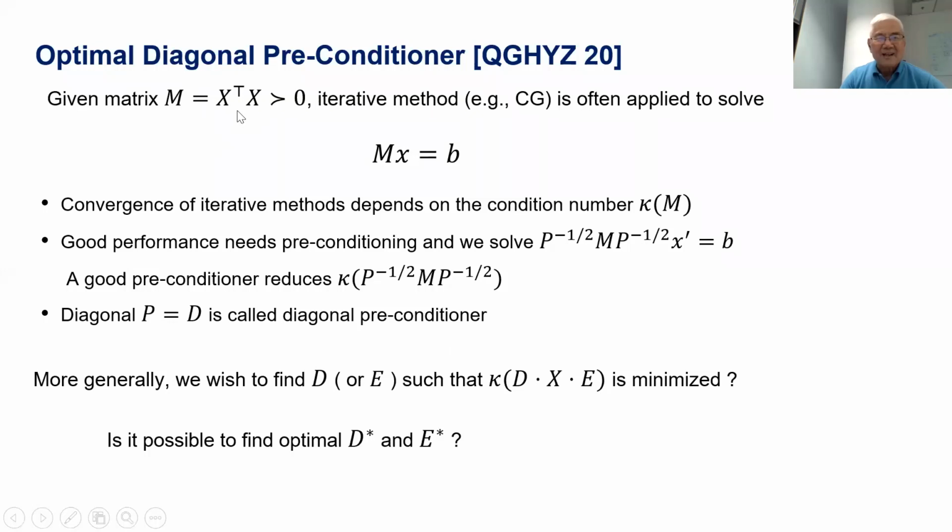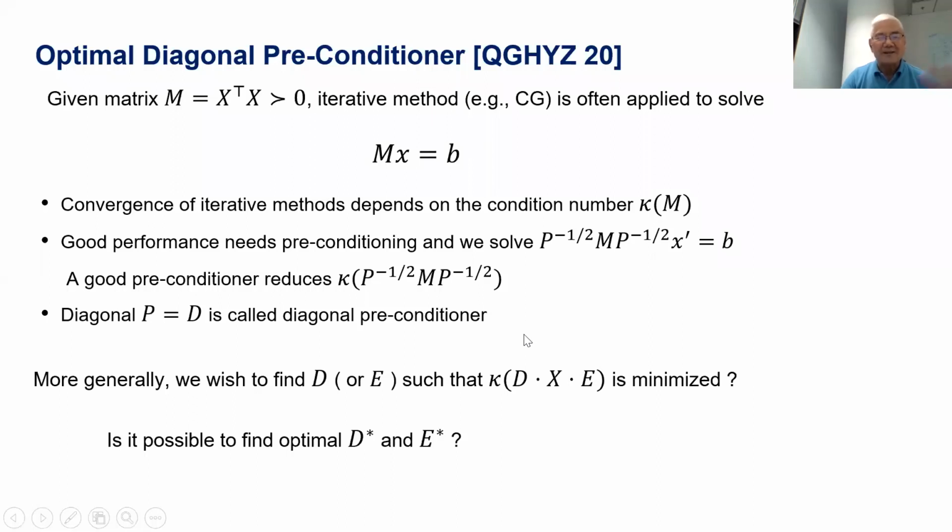Another condition number is the double conditioning, which also puts the diagonal preconditioner on both sides of X transpose X: a diagonal preconditioner from the left and a diagonal preconditioner from the right. Then take the transpose of this times this, and compute the condition number.